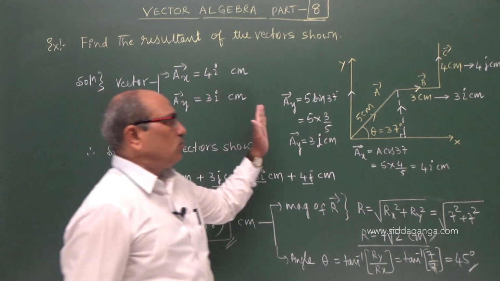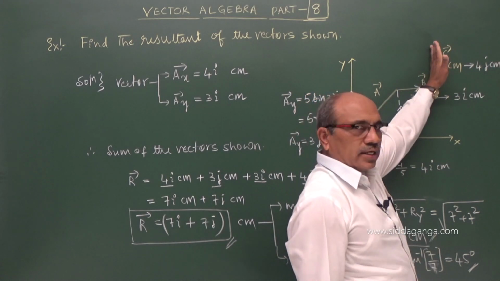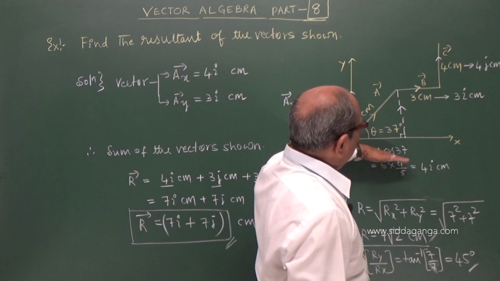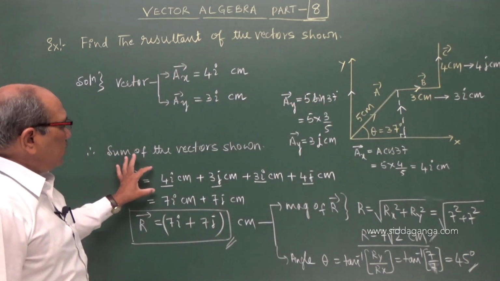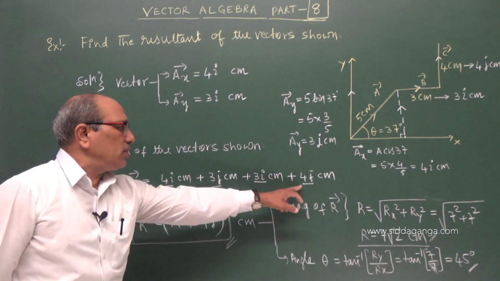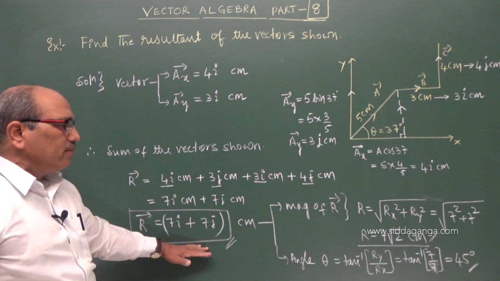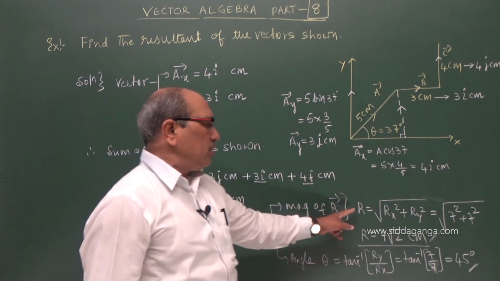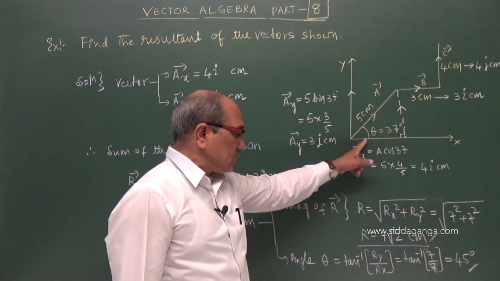I hope you understood. First we assigned in what direction each vector is, then found the x component and y component, and added them together. In addition, i to i and j to j add. i to i becomes 7, j to j becomes 7, and the vector is obtained. But we moved one step further: if they ask for magnitude, what may be the answer? And what is the angle it makes with respect to the x axis?